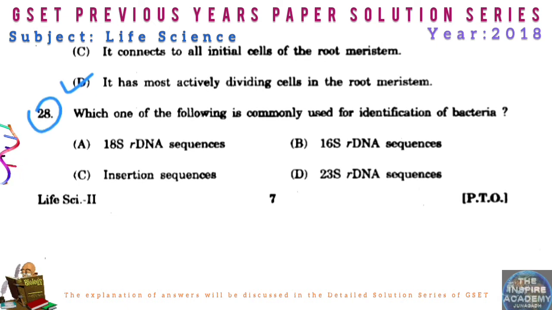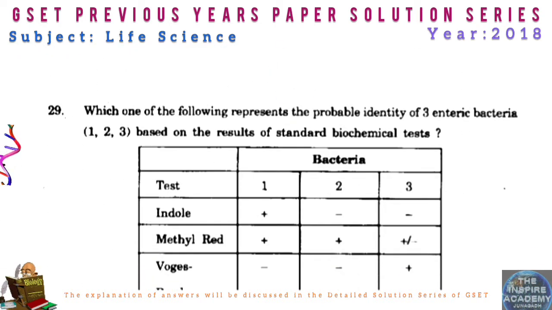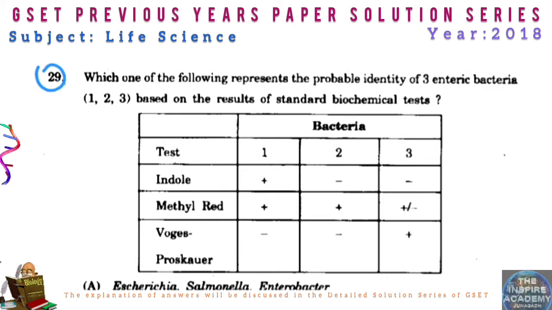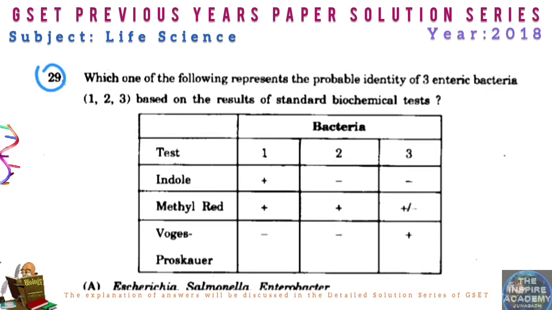Question number 27. Which one of the following statements about quiescent center is not true? Option D. It has most actively dividing cells in the root meristem. Question number 28. Which one of the following is commonly used for identification of bacteria? The correct answer is 16S rDNA sequences. Question number 29. Which one of the following represents the probable identity of 3 enteric bacteria 1, 2, 3 based on the results of standard biochemical tests?